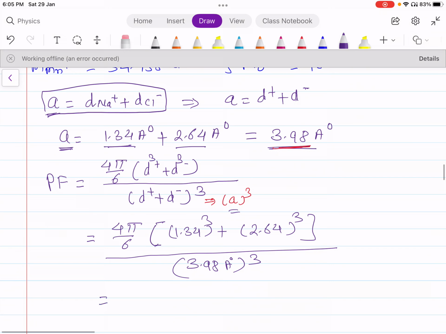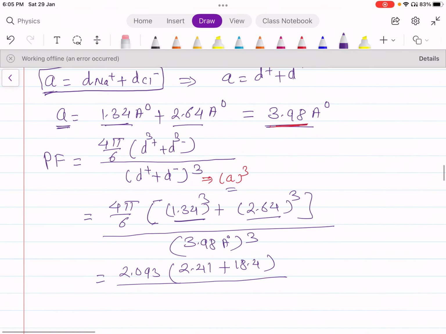So let us simplify. The value of this 4 pi by 6 is equal to 2.093 in bracket. Cube of 1.34 is equal to 2.41 plus cube of 2.64 is equal to 18.4, and divided by cube of this 3.98 is equal to 63.045.